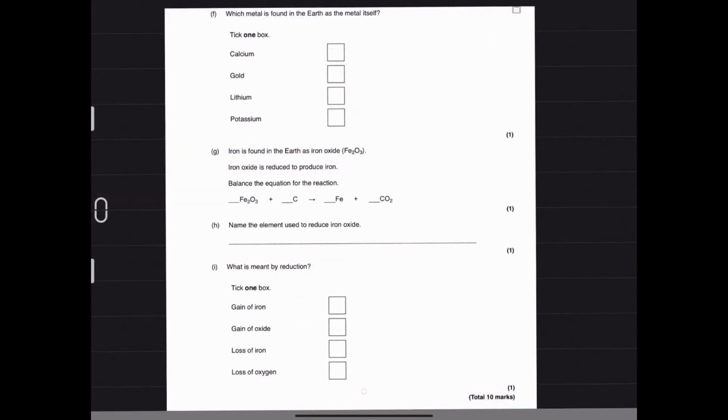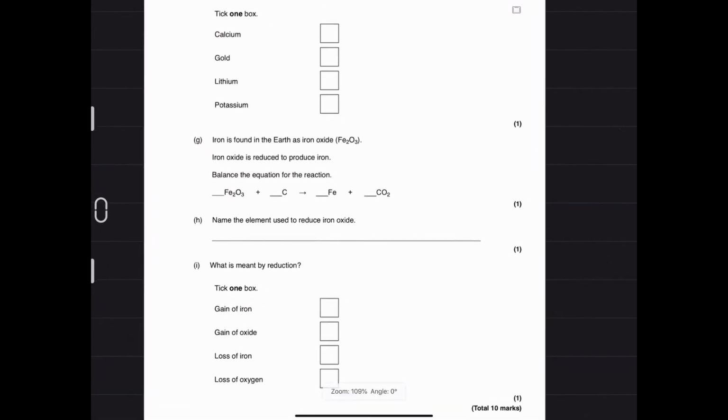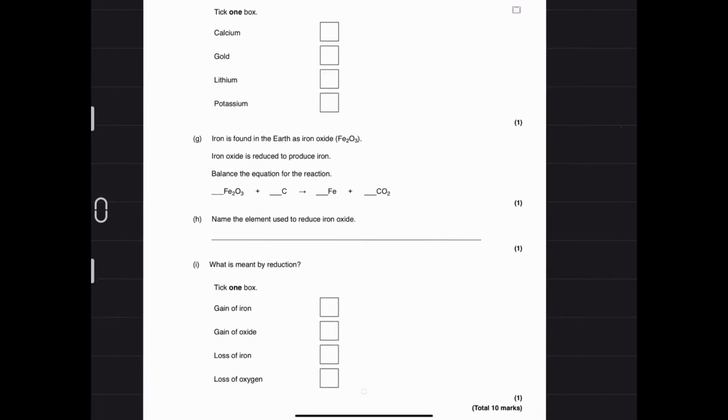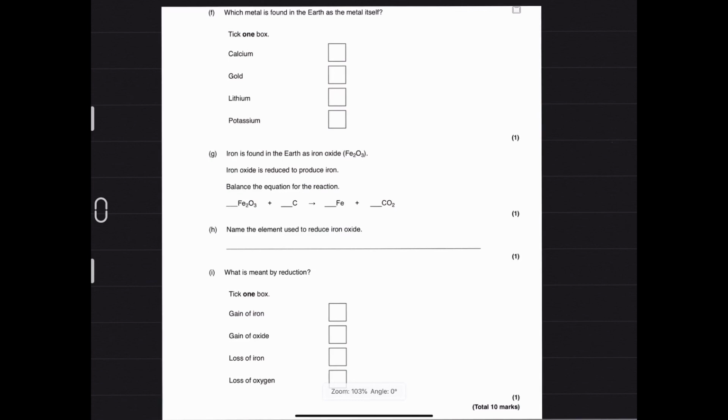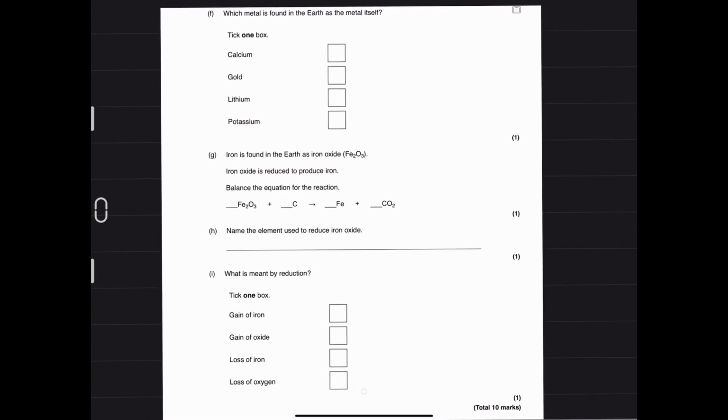I want you to attempt these last 4 questions. And again, each question is worth 1 mark. Okay, now it says here, which metal is found in the earth as the metal itself?